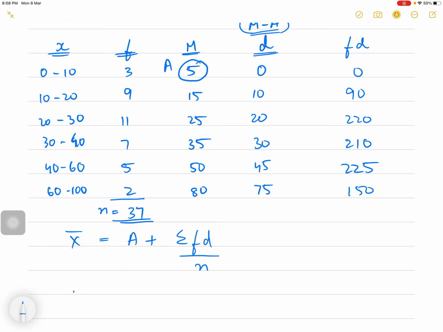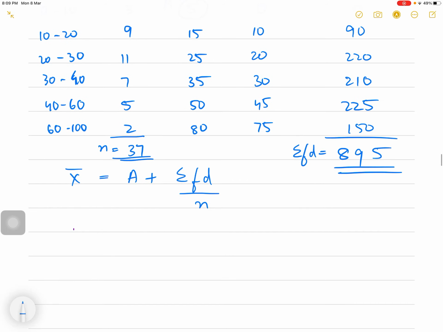Okay, total this. So summation fd is 895.